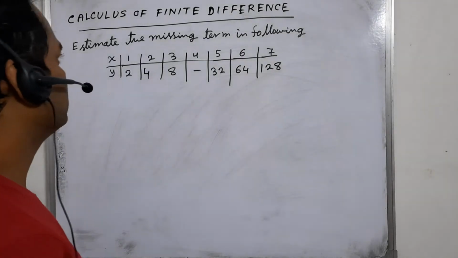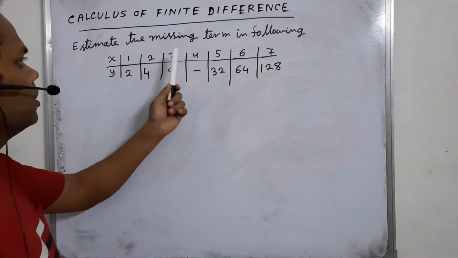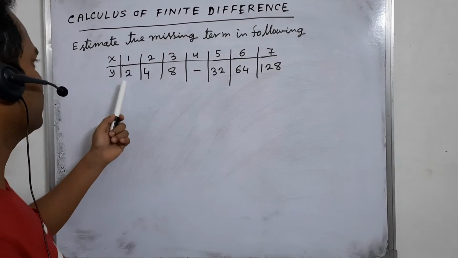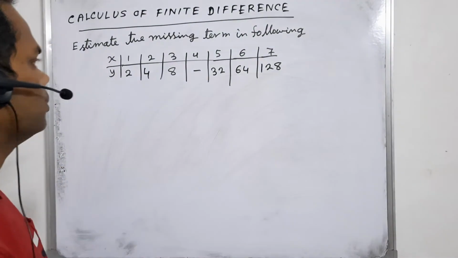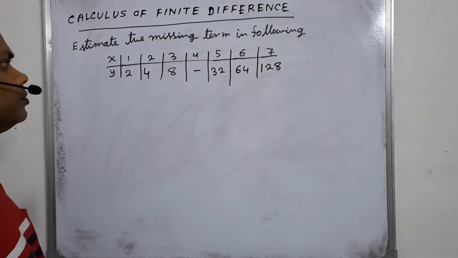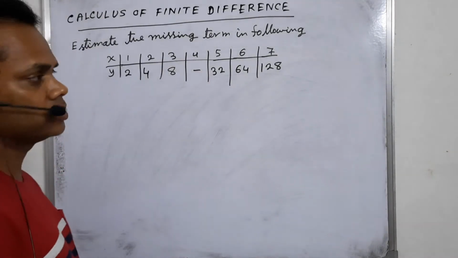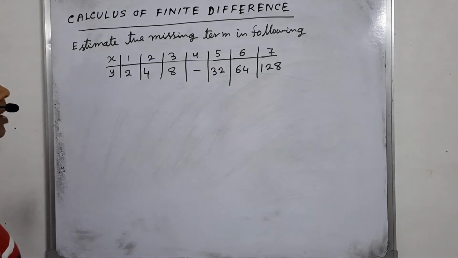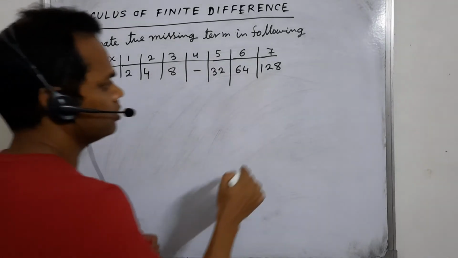Next sum is to estimate the missing term in the following. Here x equals 1, 2, 3, 4, 5, 6, 7, and y equals 2, 4, 8, 32, 64, 128. So we have to find f4. Now you see that there are only 6 values of f(x) or y, where y equals f(x).